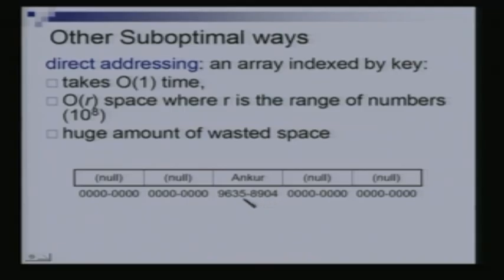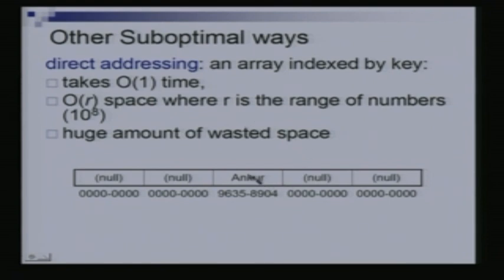So, I go to location 96358904 in the array and put Ankur's name there, or whatever is the additional information associated with it, at that very position, which corresponds to Ankur's phone number, right.